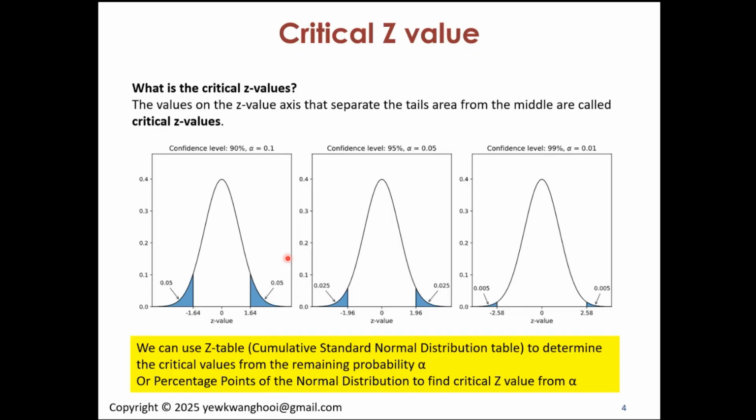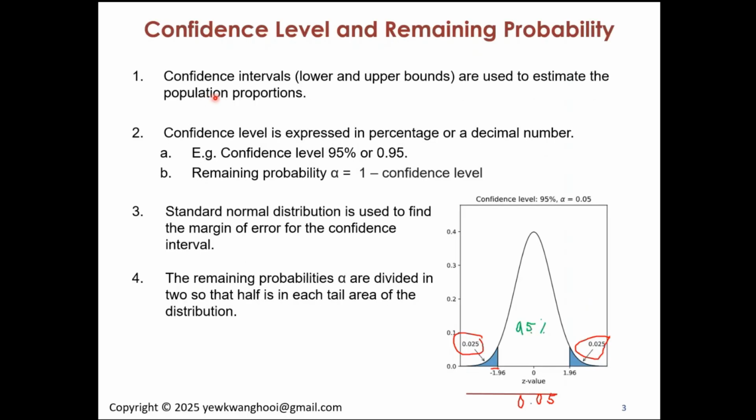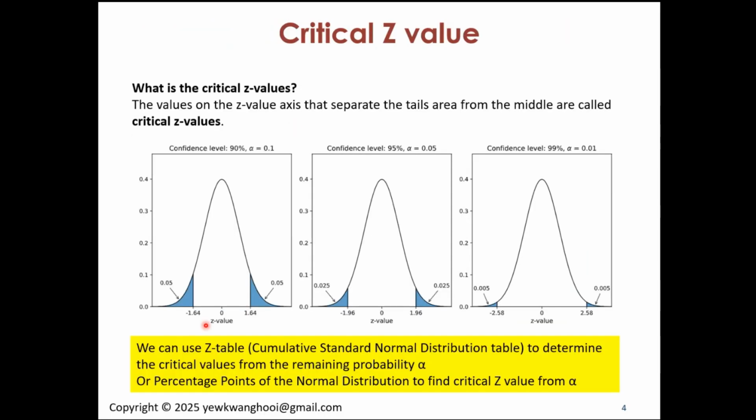Okay, so now we know what the critical Z values are. Critical Z values are the values on the x-axis that become the lower bound and upper bound of the population proportion. The goal is to have maximum confidence.